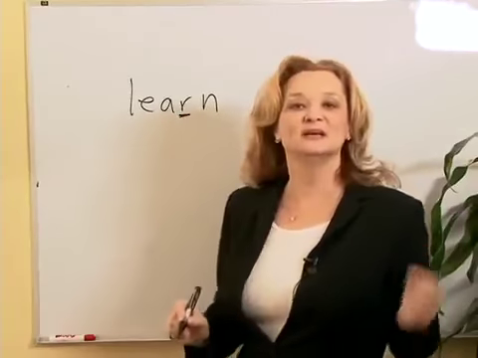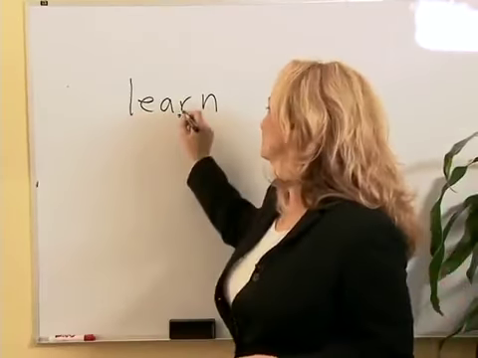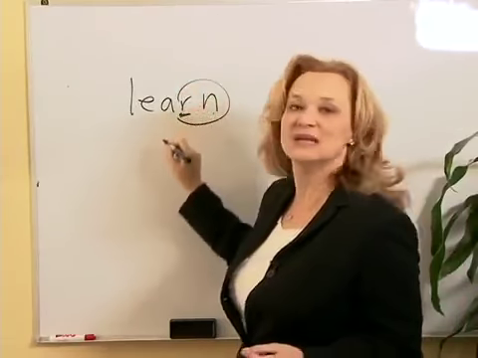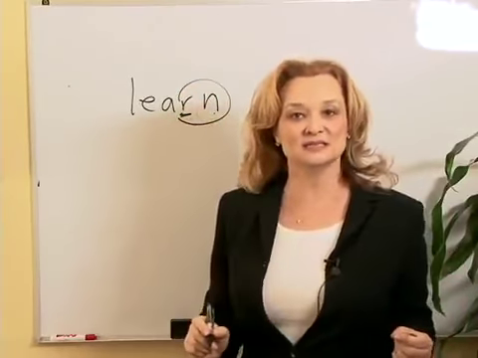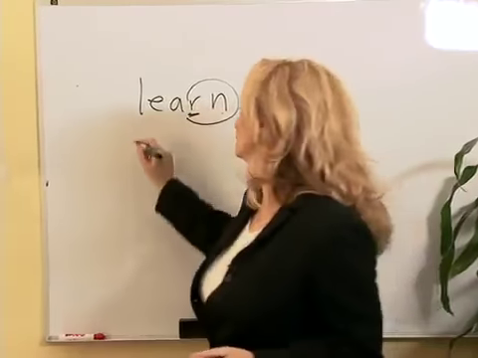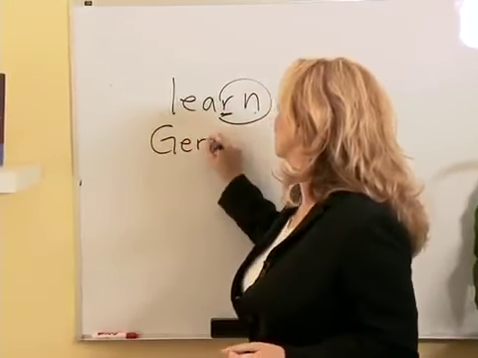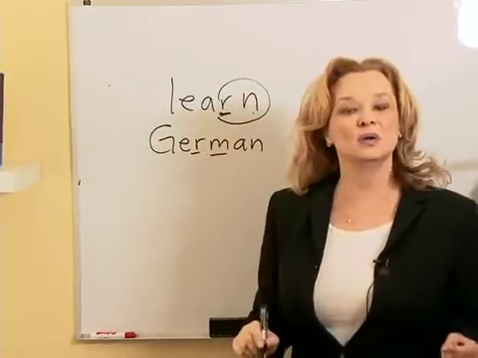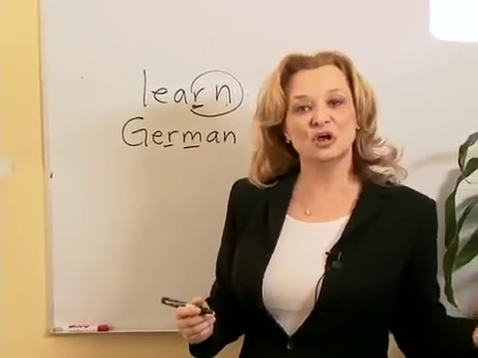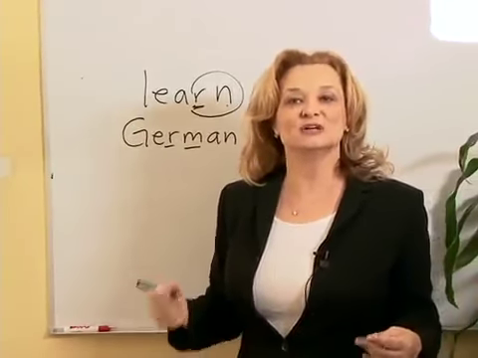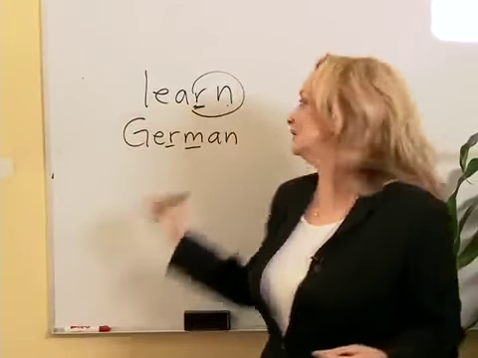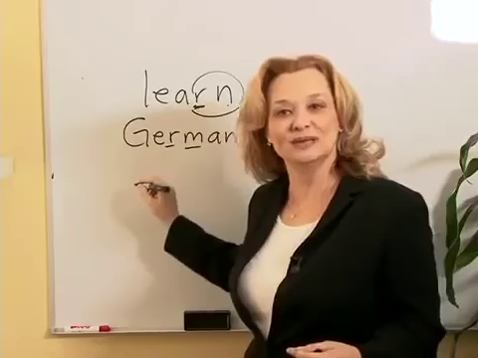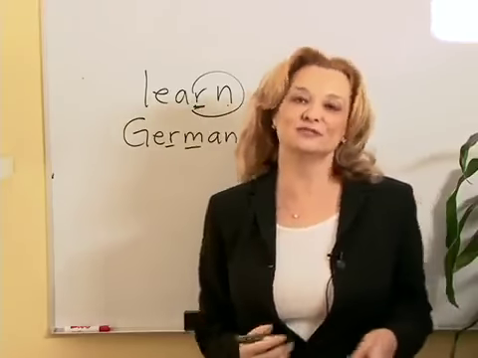Americans would say learn. So we have this RN combination, R plus consonant. Let me show you one more. RM. British would say "Germin." Americans would say German. Learn German.